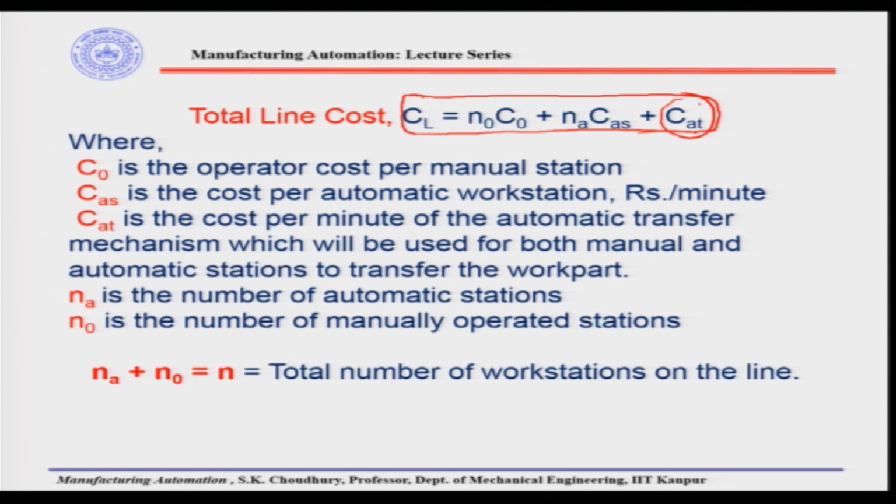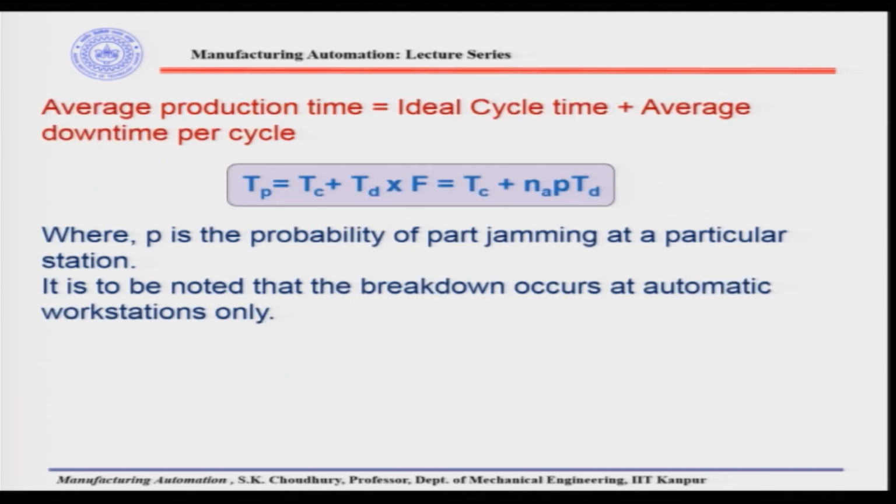This is understood. So, the average production time will be the ideal cycle time plus the average downtime per cycle, which we said as F into Td. That we are writing as NA into p into Td.